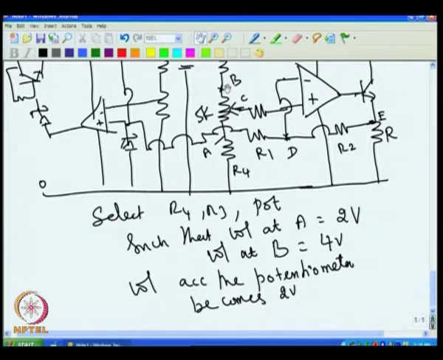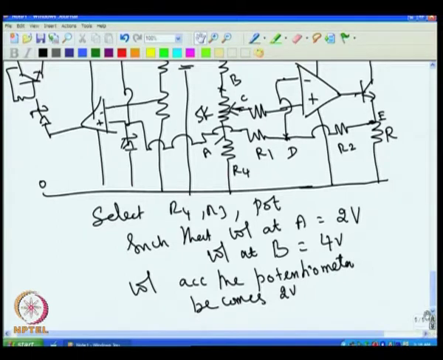If this goes and reaches B, then the plus input will go to 4 volt, and automatically D also has to go to 4 volt. So, that means the expected change at D will be again 2 volt, because C is changing by 2 volt. So, D is also expected to change by 2 volt.